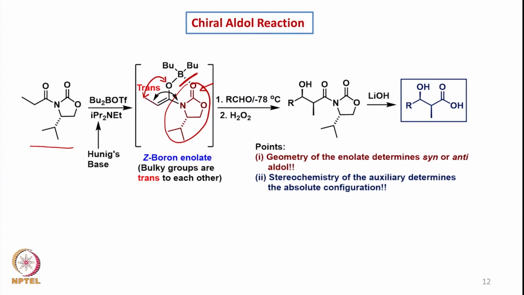Now it is something that we already know, that the geometry of the enolate determines whether syn or anti aldol is going to form. As we have seen, Z enolate will give syn-aldol and E enolate will give anti-aldol, and the absolute configuration of the auxiliary would also determine the absolute configuration of the aldol products.